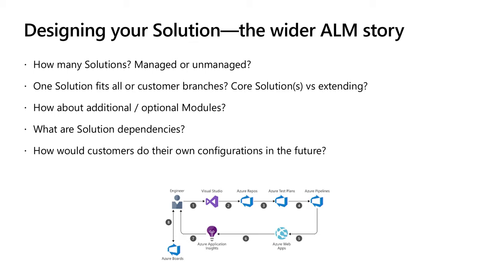Just like with Dynamics 365, you've got the Dynamics 365 base, but you can add customer service, you can add field service, you can install it, uninstall it, all within your Dynamics environment. So would you want each part of your solution to be a separate solution, or would you have them all in one big solution? These are all important questions when you start to think about how you design your whole ALM story.